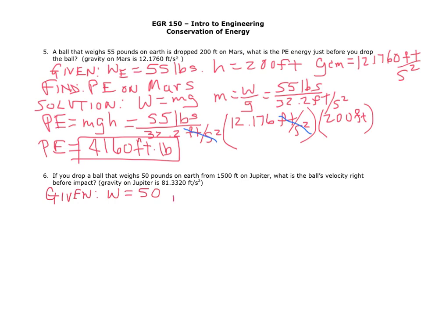And the height is 1,500 feet. Now, it says, what is the ball's velocity? So what we're trying to find is the ball's velocity, v, at impact, not on Earth, but on Jupiter.